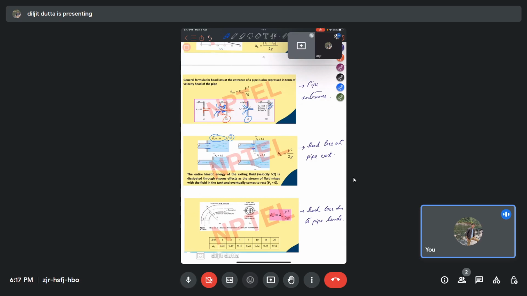Okay, so for the case of head loss at pipe exit, whether we fit the pipe at any angle, or slightly inserted, or we make a gradual expansion, it doesn't matter, because finally the pipe velocity will come to rest.